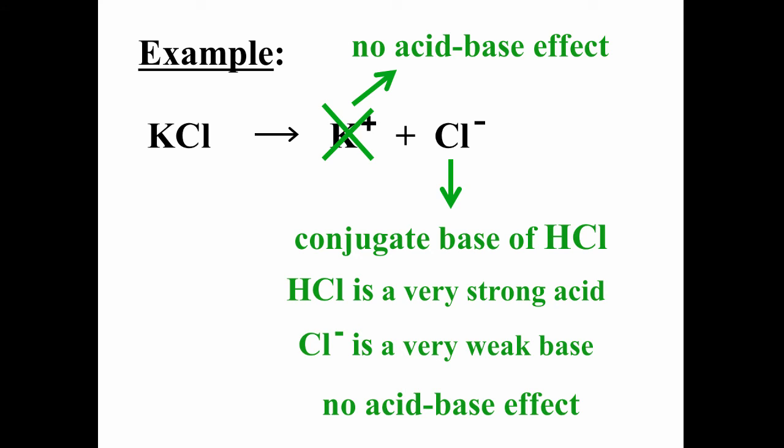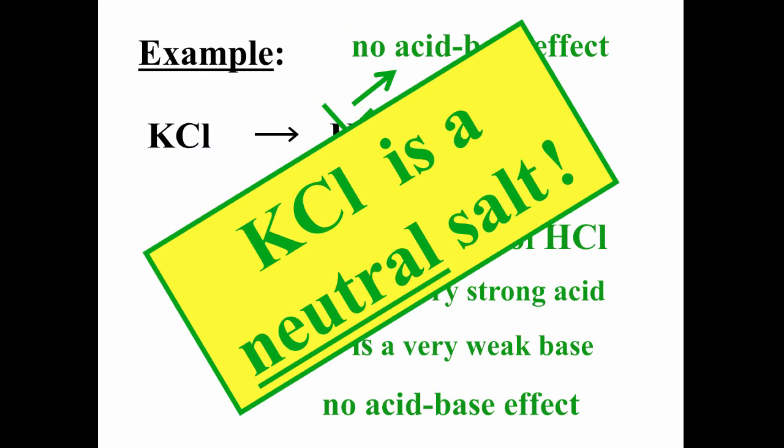So if the acid's very strong, the conjugate base is so weak that it essentially has no acid-base effect. And so KCl is going to end up being an overall neutral salt because neither the K plus nor the Cl minus have much of an acid-base effect.